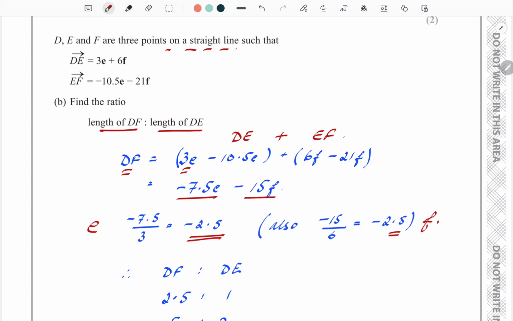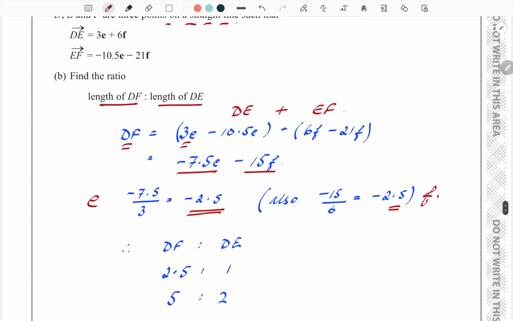Again, it's minus 2.5. So the magnitude, the actual relative size, is 2.5 times. You can ignore the negative because in ratios you don't have negative distances. The length cannot be negative. So take positive only.